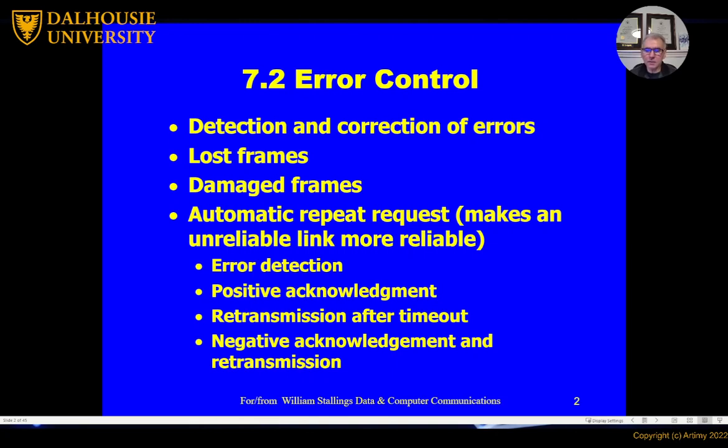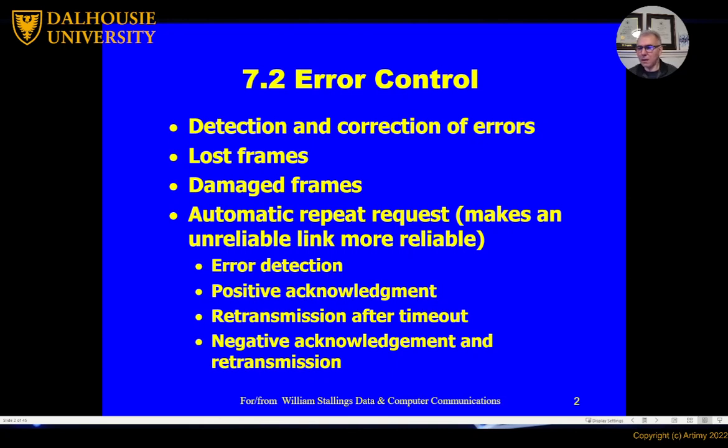In simple protocols, we can mix the two together, the error control and the flow control, in one protocol. And we saw that we have a solution to that. We can say RR, ready to receive, to send an acknowledgement and also ask for new frames to be sent.